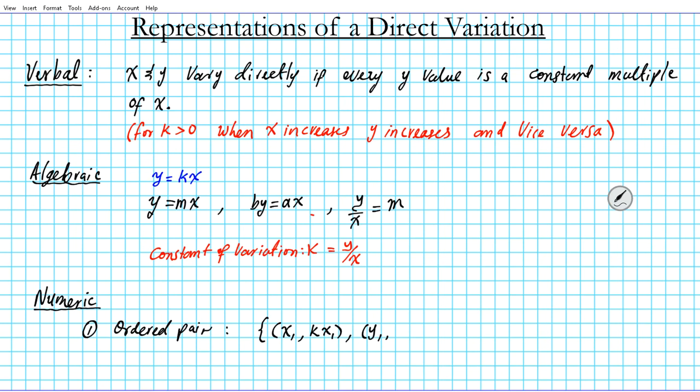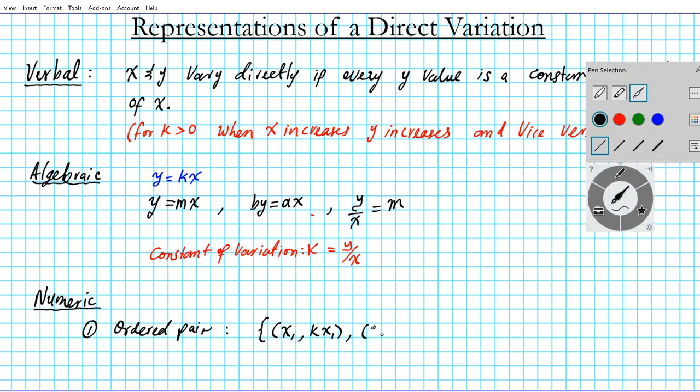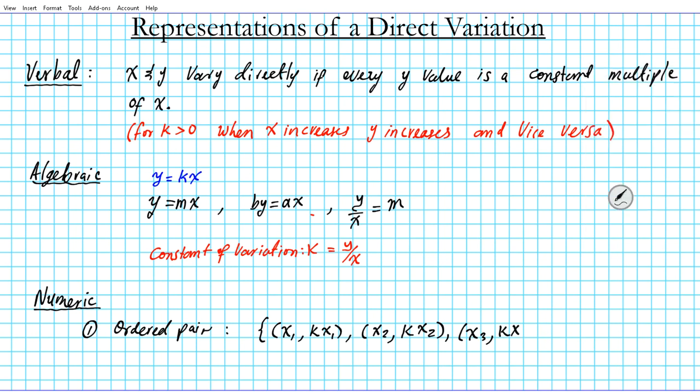For x2, we multiply by the constant of variation to get y2. And then x3, to get the y coordinate, you multiply by the same constant of variation to get y3. And then the pattern continues.